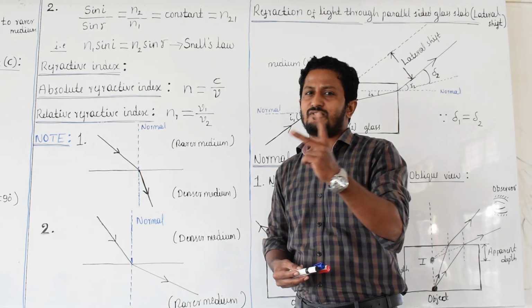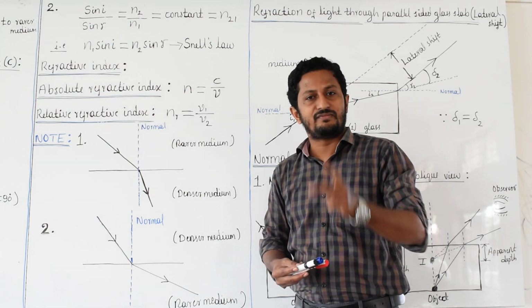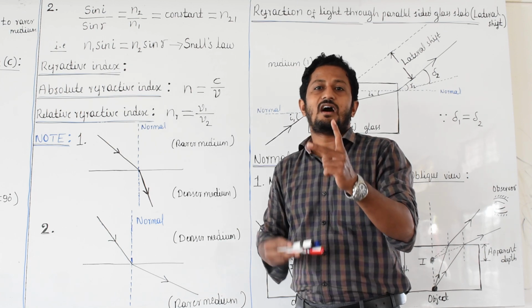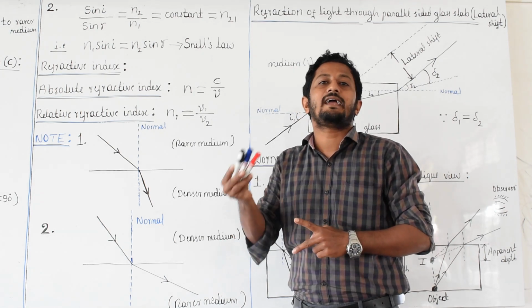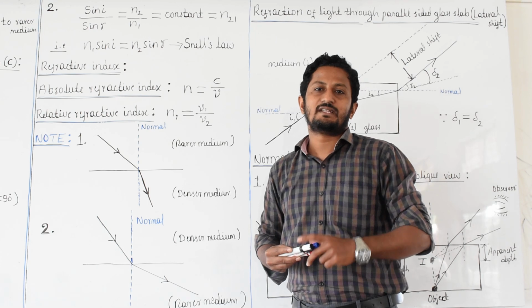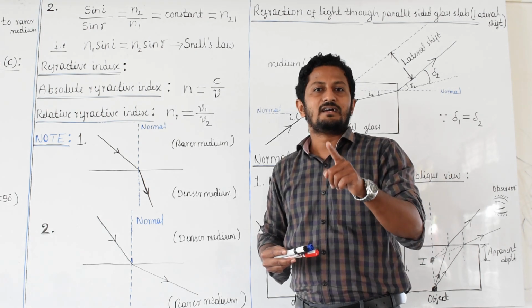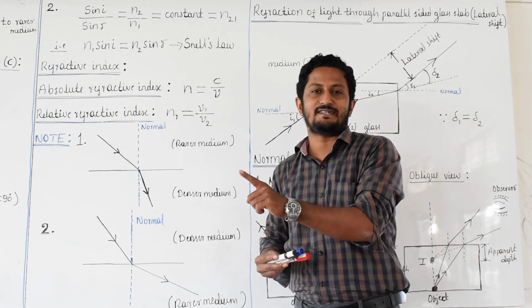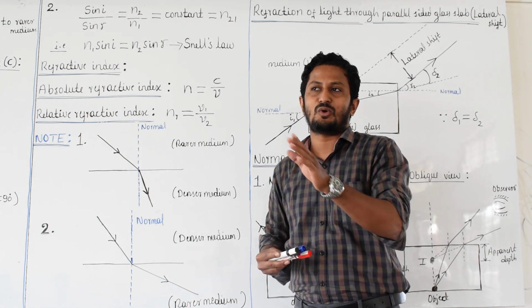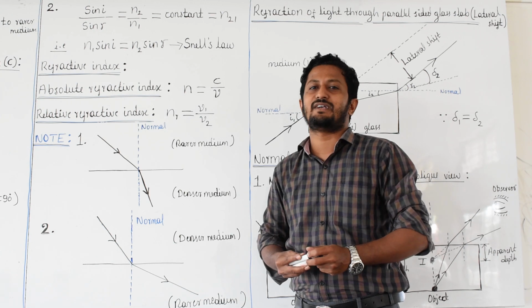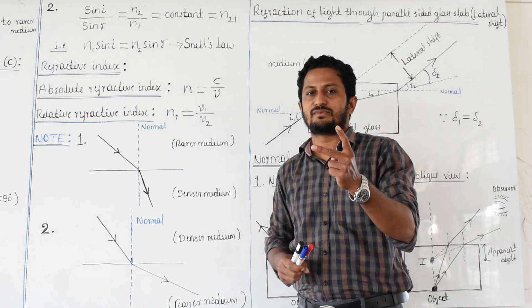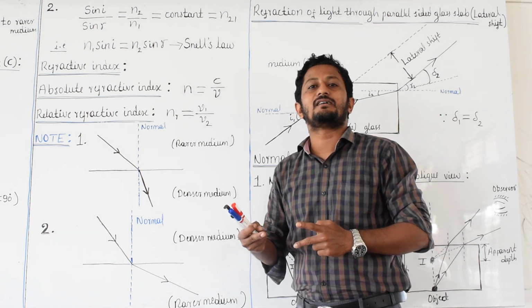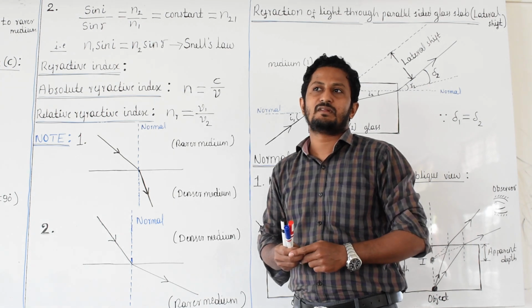So now you see here we need two mediums. If these two mediums are other than air or vacuum, then we call that index a relative refractive index. When you are talking about relative refractive index, those two mediums should be other than the air medium.